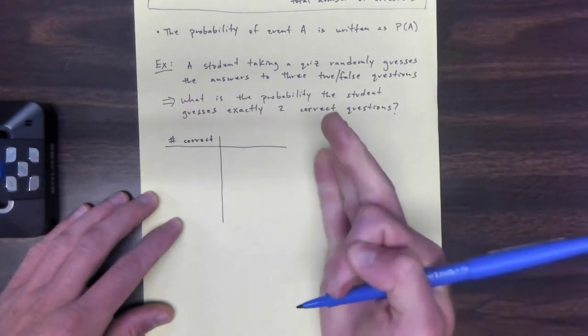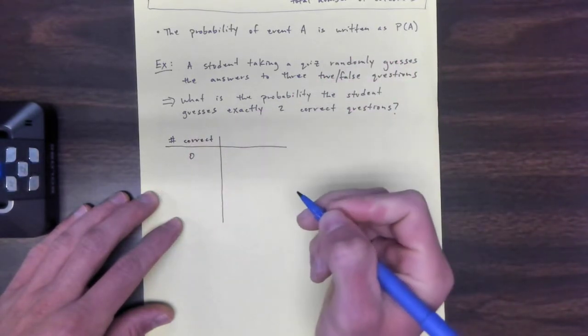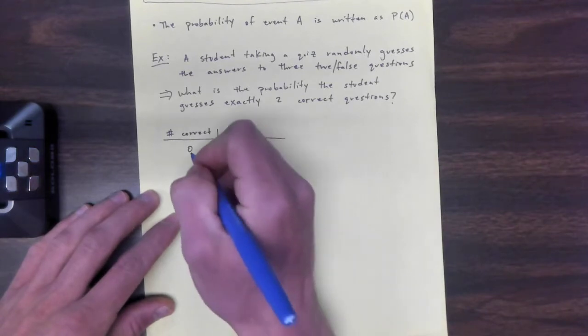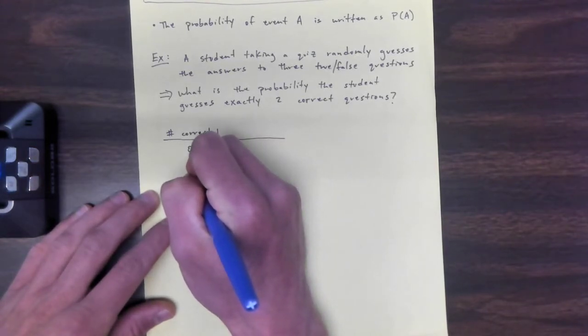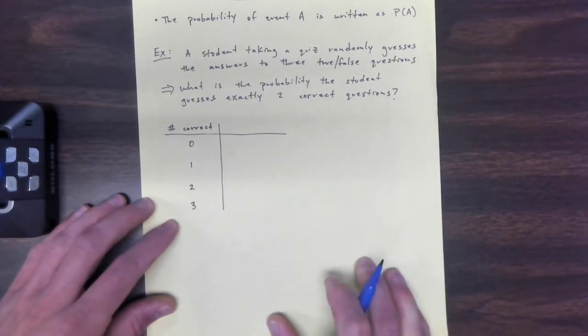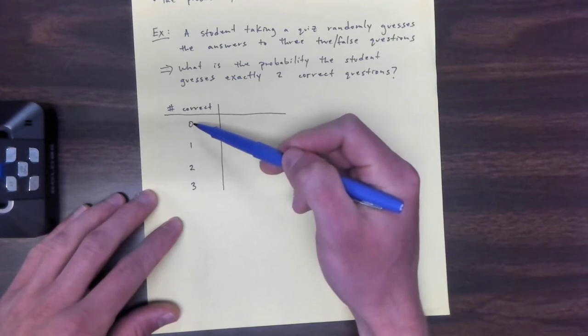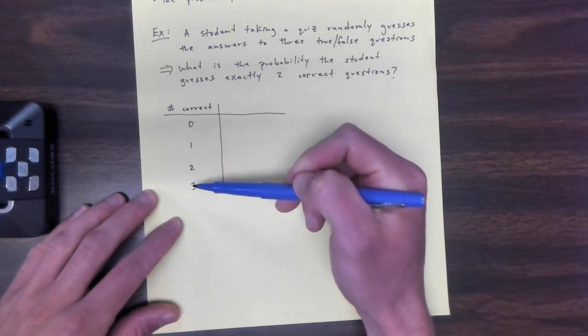There are 3 questions total. So there could be 0 correct. That student could get 1 correct, 2, or all 3 correct. So these are the different cases: 0 correct, 1 correct, 2, or 3.